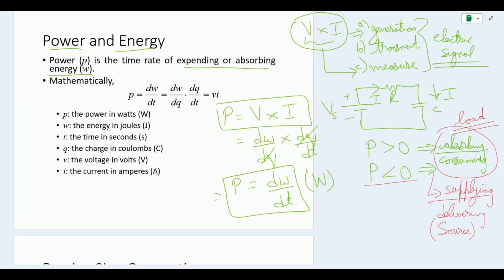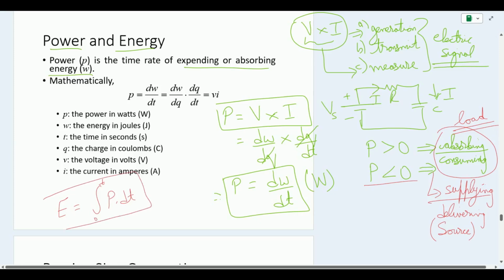Similarly, when we know about the power, energy is also associated with that. Energy can be figured out by just taking the time integral of power, p dt. So these are the two terms that we normally use in our daily life whenever we are explaining any appliance's performance. The best example of these two can be, let us say, if you have a vehicle and you fill it up with fuel, and then you utilize that fuel to accelerate your vehicle.